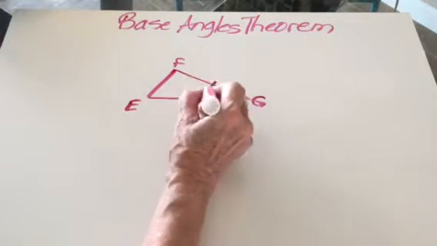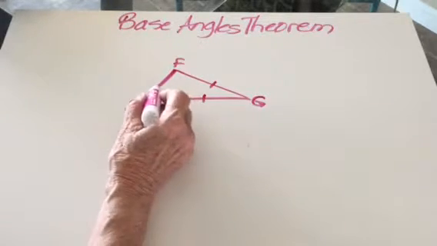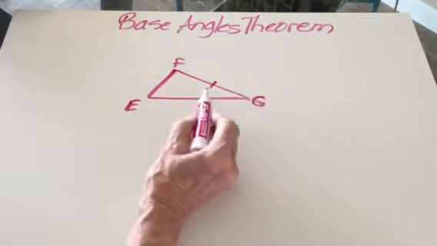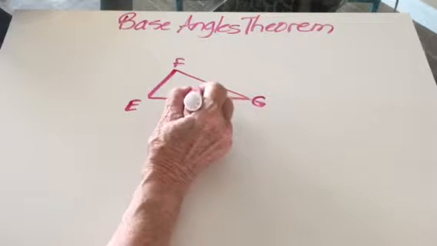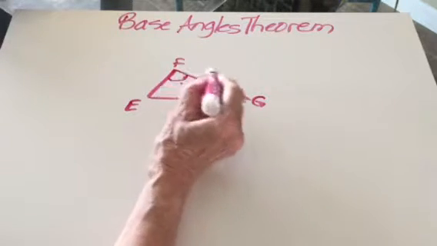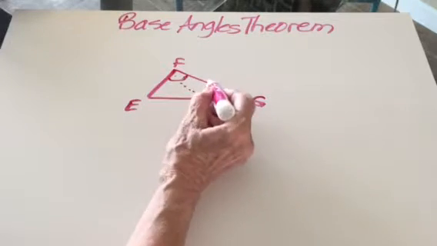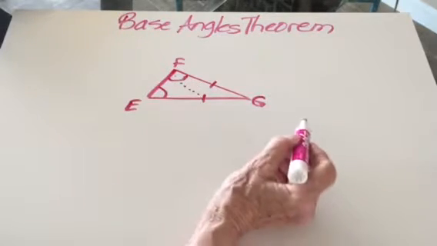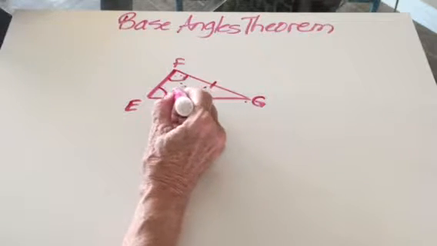And I have a tick mark here and a tick mark here. Where are the base angles? Are they here? No, the base angles are always the ones that are across from the congruent sides. Okay, that's all it means.